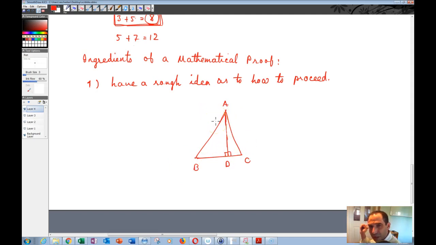Then I'm going to use that theorem, then this theorem, and put everything together, and that's how I will prove the whole thing. Although in this particular case, at least right now, I have no idea how to do it. Okay, so that's how you have a rough idea as to how to proceed.